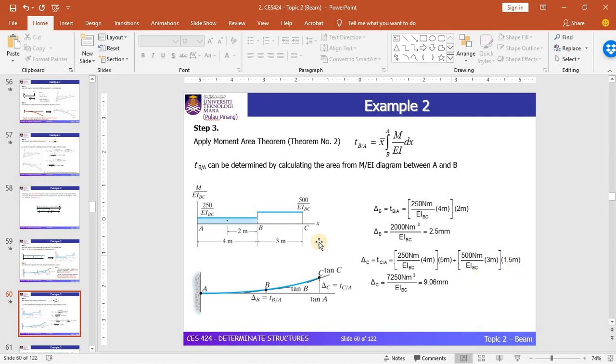The distance is obtained by dividing the 3 by 2, half of this rectangle's base, which is equal to 1.5 meter. Further simplifying this equation, you can see that the displacement at point C is equal to 9.06 millimeter.